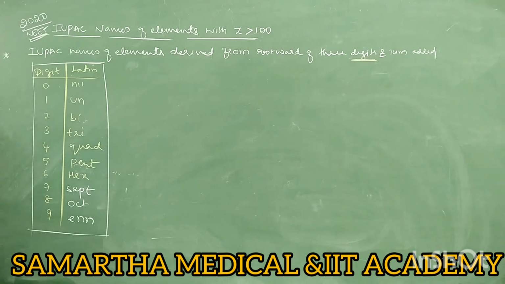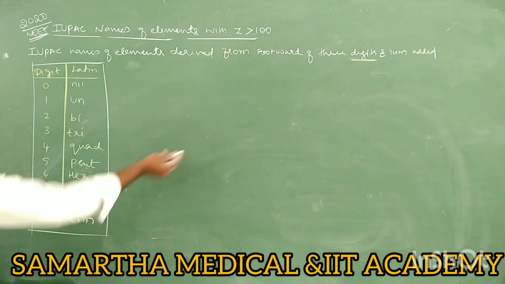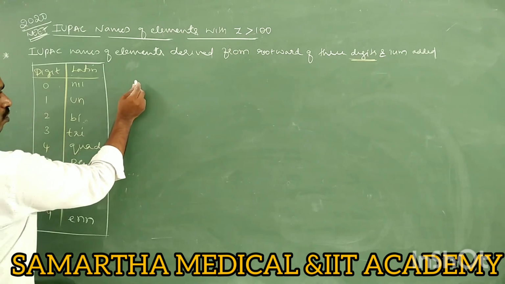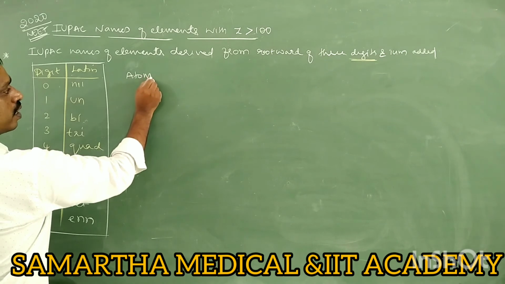Okay, write one question. Write the IUPAC name of the following elements. Take one column for atomic number and another for IUPAC name.